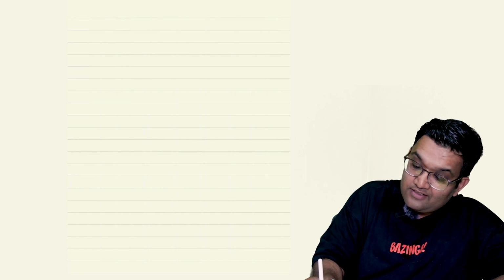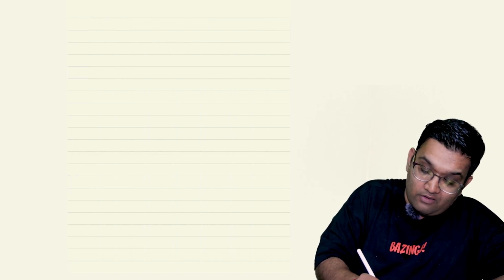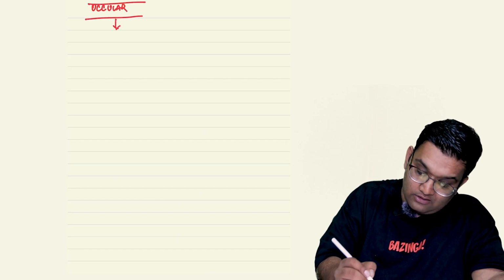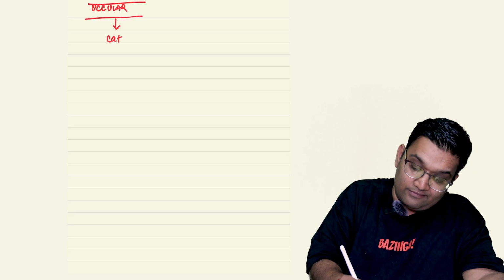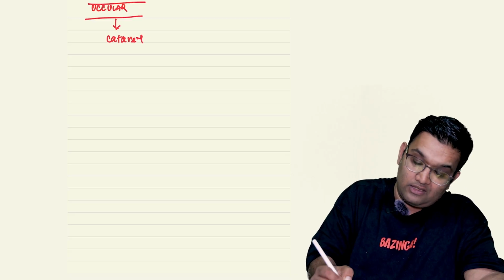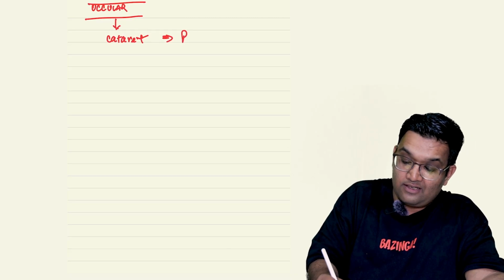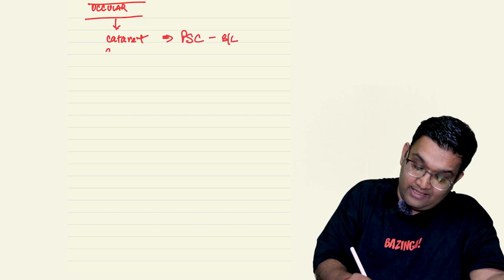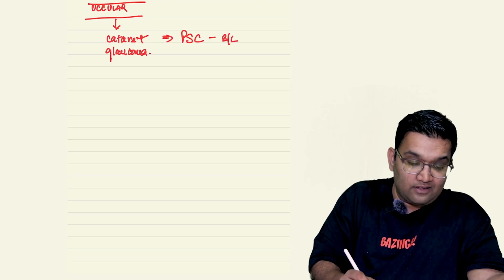Ocular manifestations are also there. There can be cataract, that is posterior subcapsular cataract, usually bilateral. There can be glaucoma. These are the most common ones.